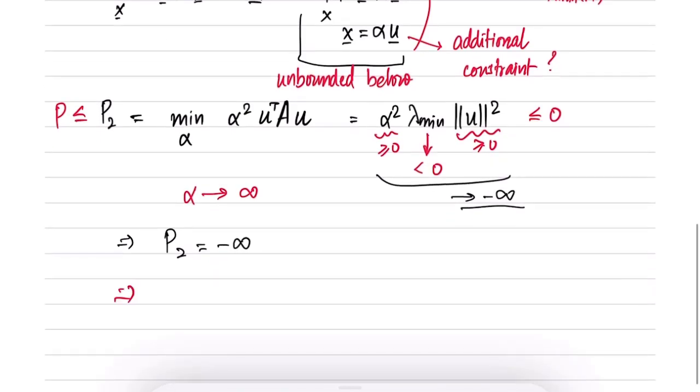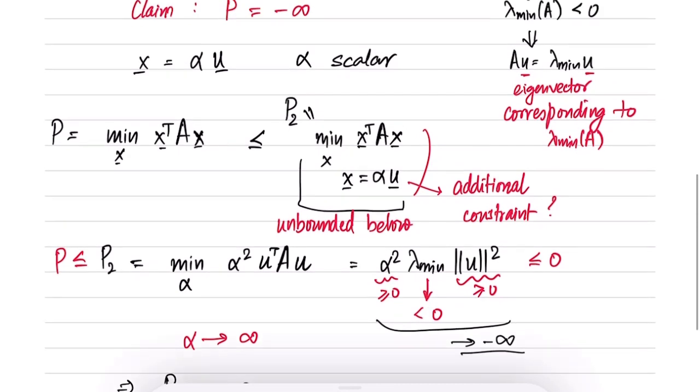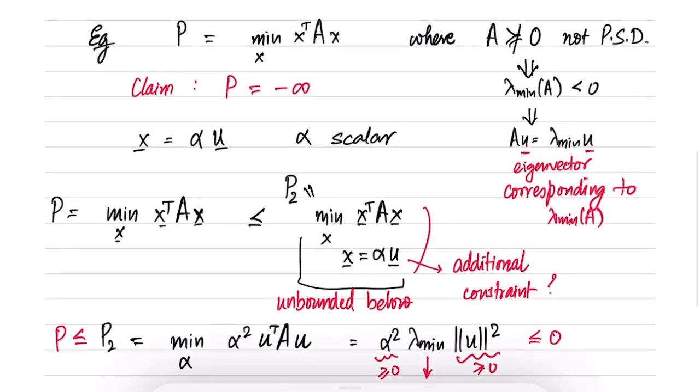So this implies that P, which is less than equal to P2, which is minus infinity, is also minus infinity. So therefore we have concluded that this problem, when A is not PSD, is unbounded below. So you have to have a positive semi-definite matrix in order to make sure that this has a finite solution.